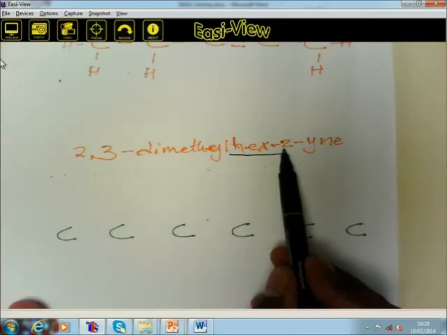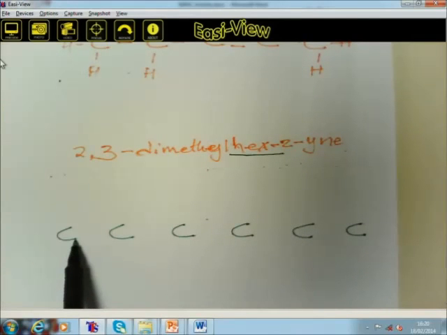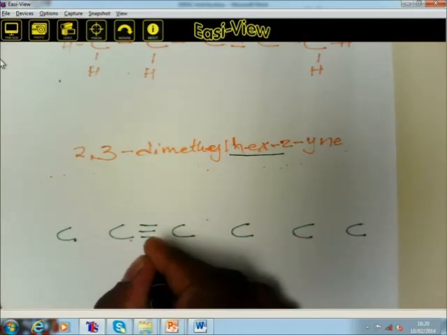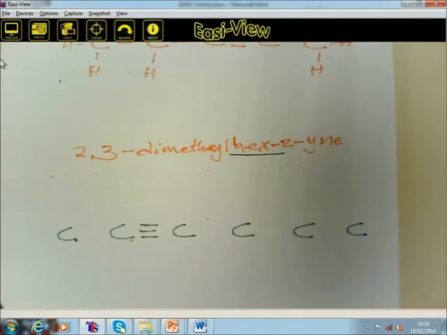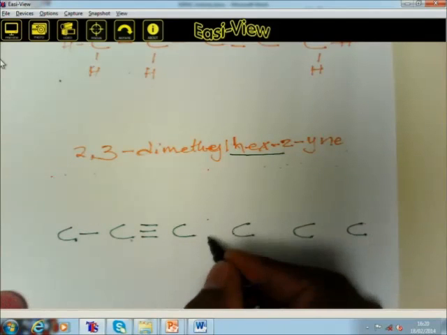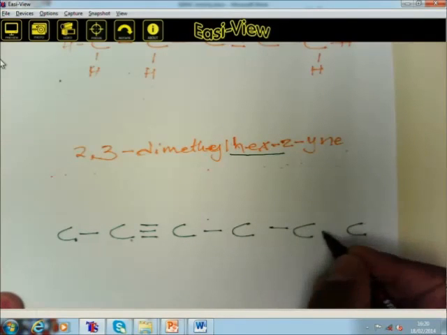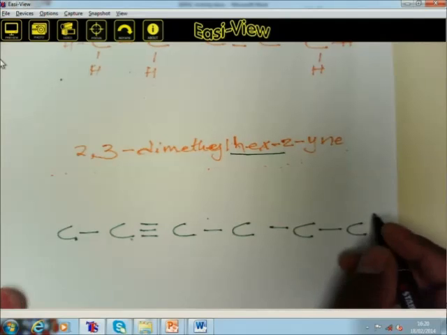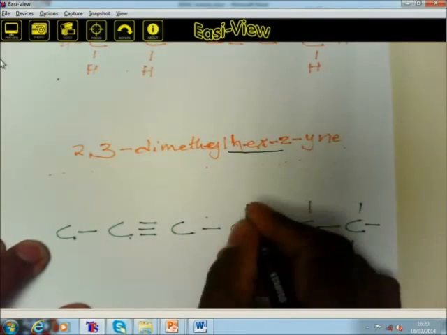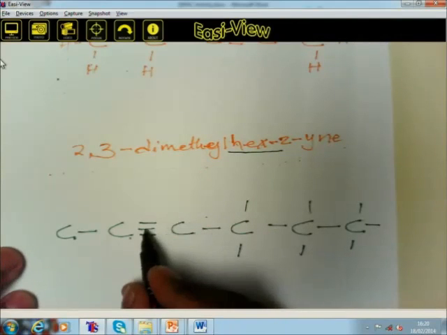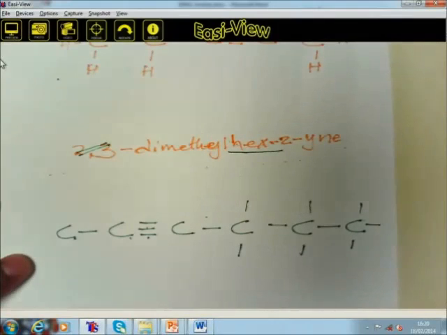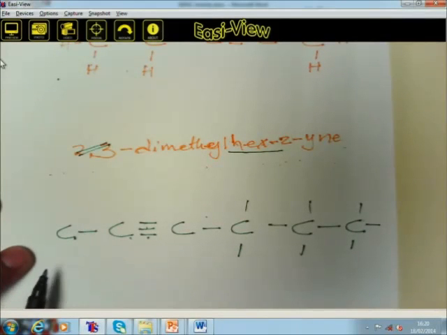After carbon number 2, I've got a triple bond. Carbon number 1, number 2, I need to draw or to put triple bonds there. And then the rest of other bonds will be single bonds. Single, single, single, single. And then the other bonds there. 1, 2, 3, 4. Therefore, we need to swap that around so that it doesn't make confusion.